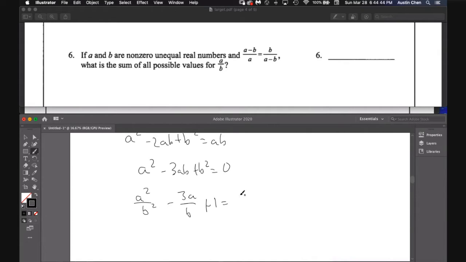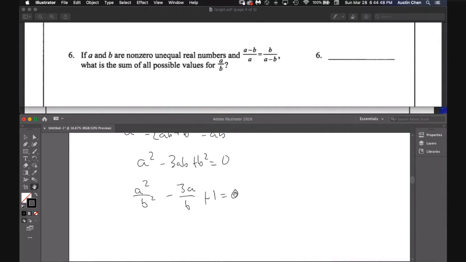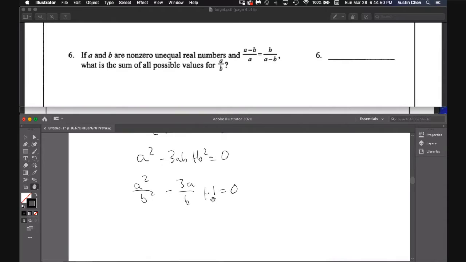And 0 over B squared is still 0, given that B is non-zero, which it is.